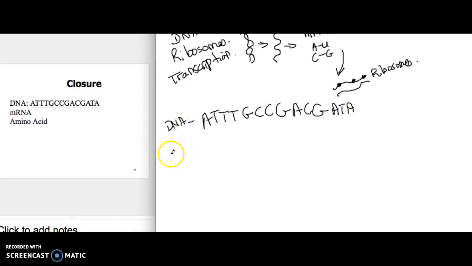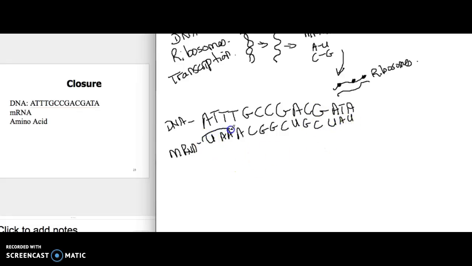They ask you for mRNA. All we have to do is figure out the codes. So A pairs with U, T pairs with A, T pairs with A, T pairs with A, C, G pairs with C, C pairs with G, C pairs with G, G pairs with C, A pairs with U, C pairs with G, this is C, this is U, this is A, this is U.